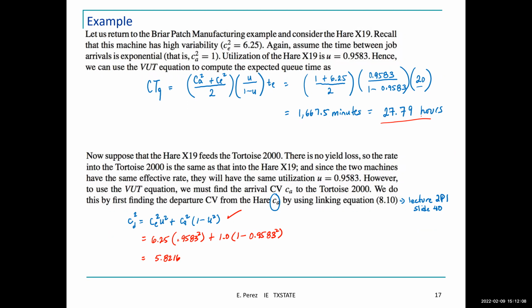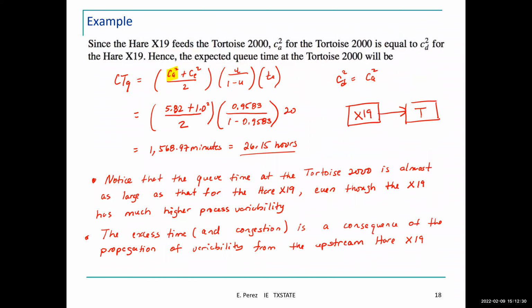And remember that X19 has very high variability. The squared coefficient of variation, the CE, was 6.25. So it has higher variability than the tortuous, right?